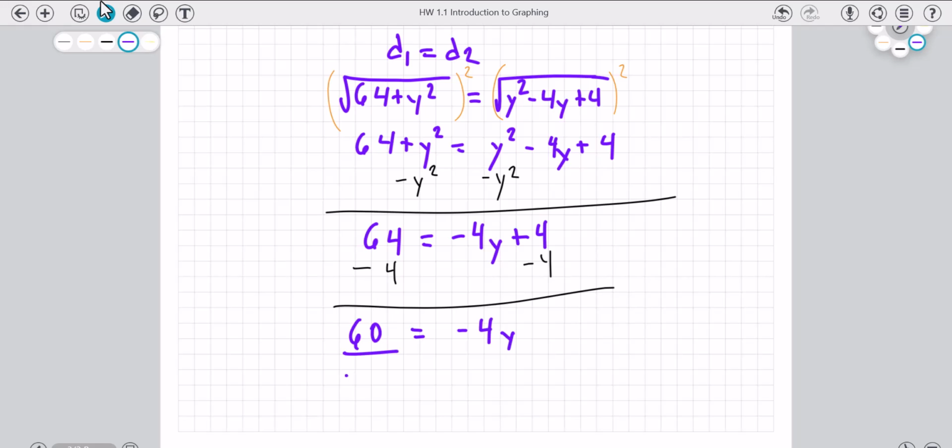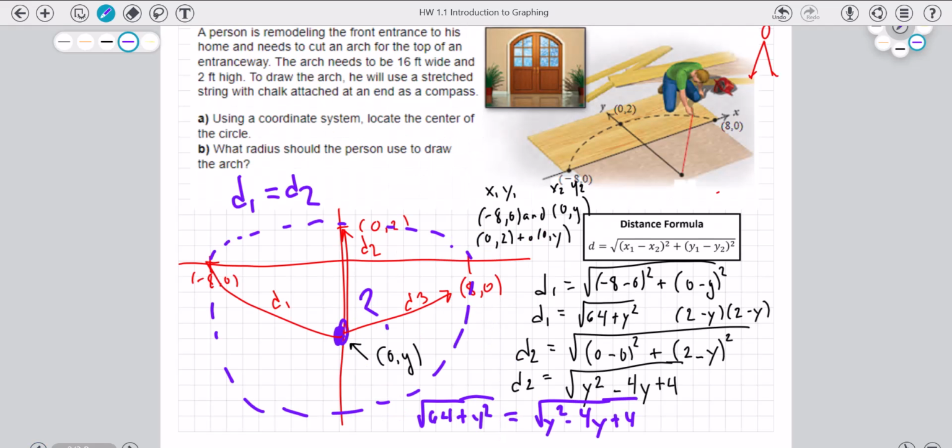I could divide both sides by -4, and then I either pick up my calculator or I know that that is -15. You're not impressed, I can tell, right? I'm pretty impressed, because that tells me this point right here is (0, -15).